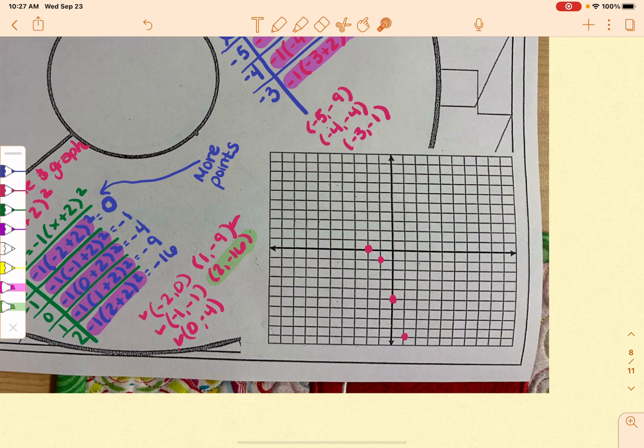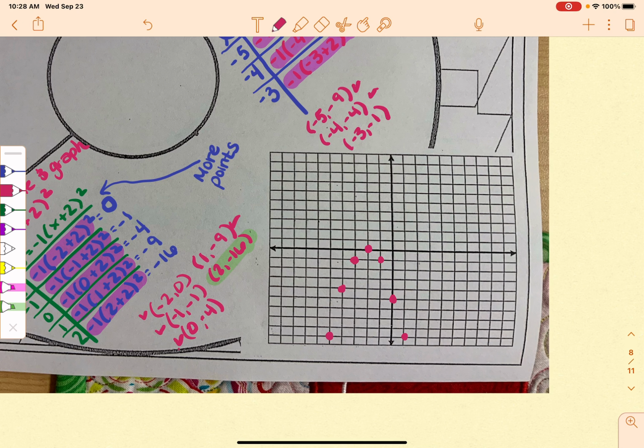Let's add these. So -5, 1, 2, 3, 4, 5, -9, -4, -4, and -3, -1.